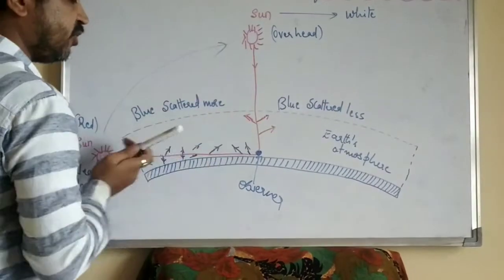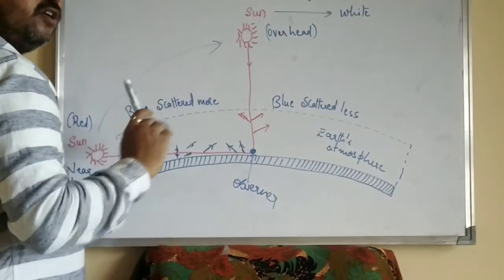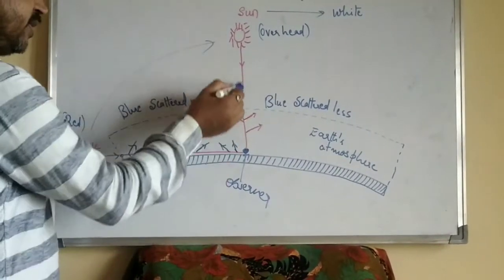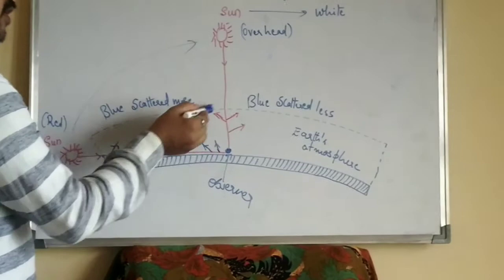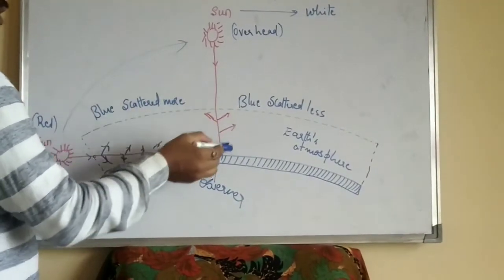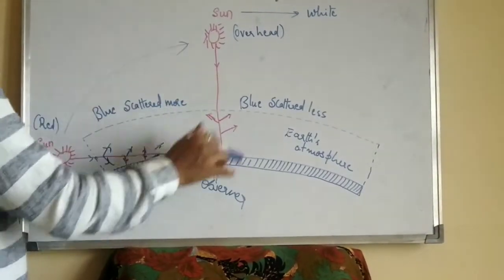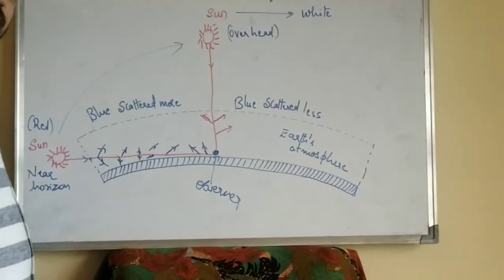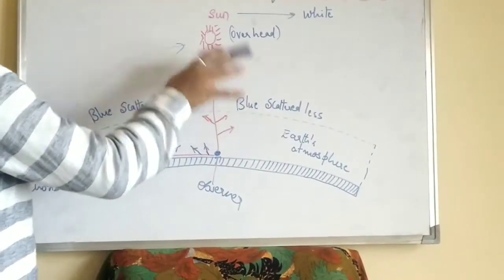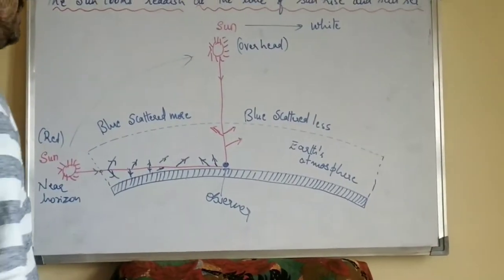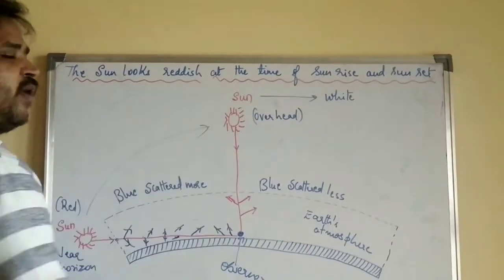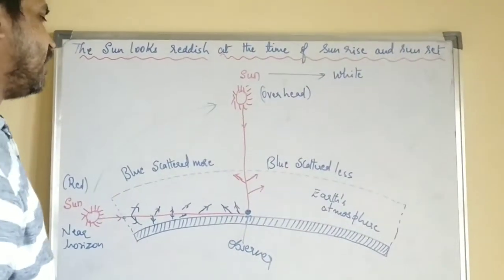There, a larger portion of the atmosphere was there, so scattering was more. Here you can see only this much portion of scattering is happening, so the blue scattering is very less. Since the scattering itself is very less, we could see only the white color of the sun transmitted overall.